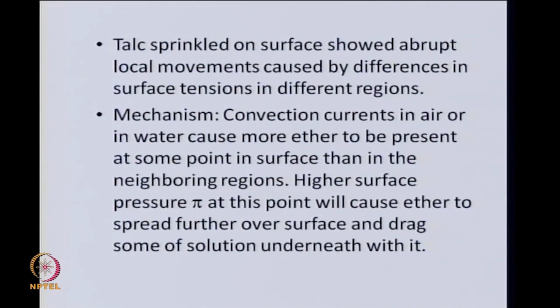And what it means is that if there is a movement within the surface here and it correspondingly drags the liquid underneath, we may be able to bring some of the undepleted ether solution from the bulk to this point, thereby increasing the local concentration of ether even further, and this will cascade. This will continue to happen until there is a visible movement present in the surface.